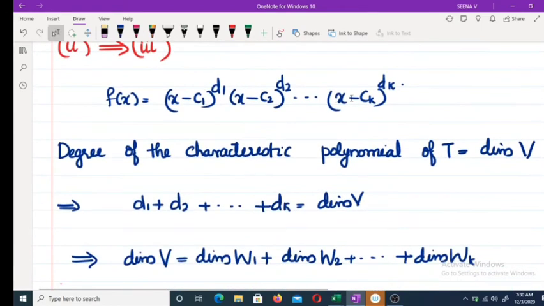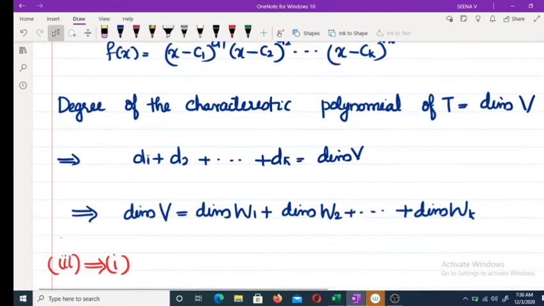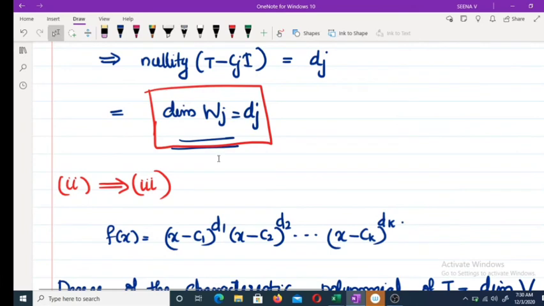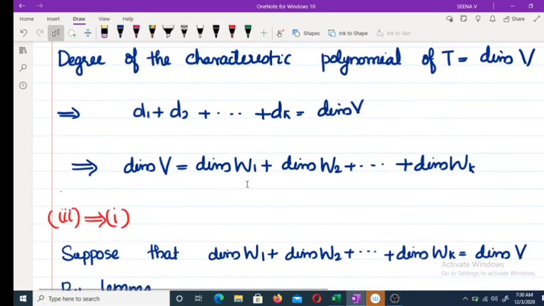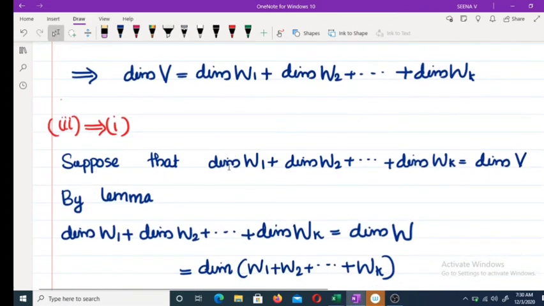So this is our characteristic polynomial, and its degree is equal to the dimension of V. Here we have x raised to d1, here x raised to d2, here x raised to dk. If you multiply all these, the highest degree is x raised to d1 plus d2 plus etc. plus dk. Therefore, d1 plus d2 plus etc. plus dk equals the dimension of V. And since each dj is the same as the dimension of Wj, we have the dimension of V equal to dimension of W1 plus dimension of W2 plus etc. plus dimension of Wk.